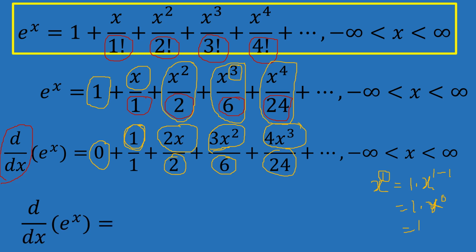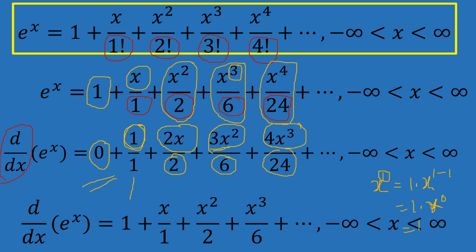So the 0 here is knocked off, so we don't talk to it anymore, it's disappeared. We have 1 over 1, which is 1. In this expression, we have 2 here, 1, and then 2 here, 1. So you're left with x over 1. And then in this expression, 3 here, 1, and then 3 here, 2. So we have x squared divided by 2.